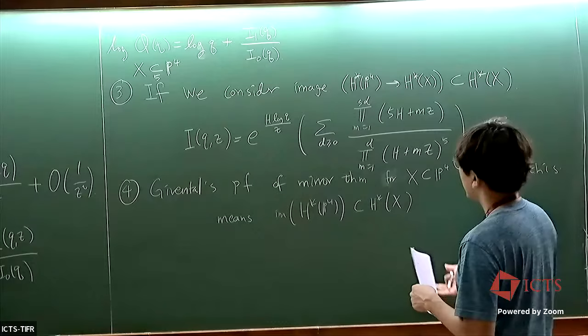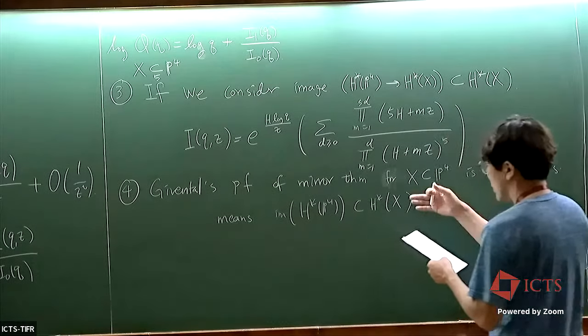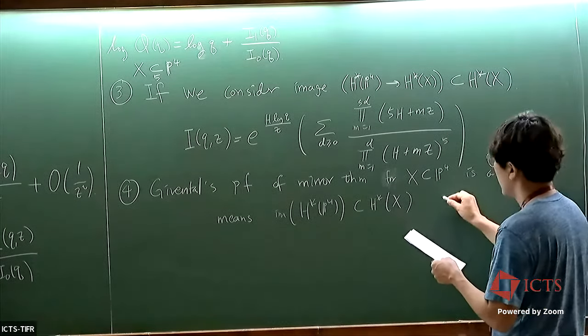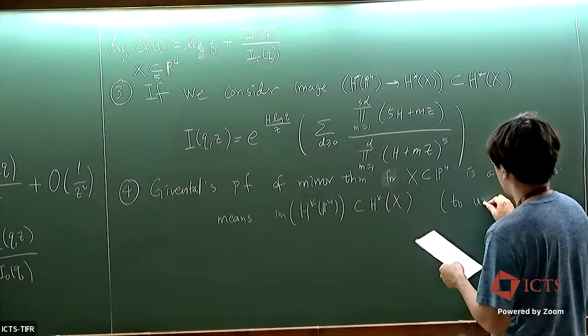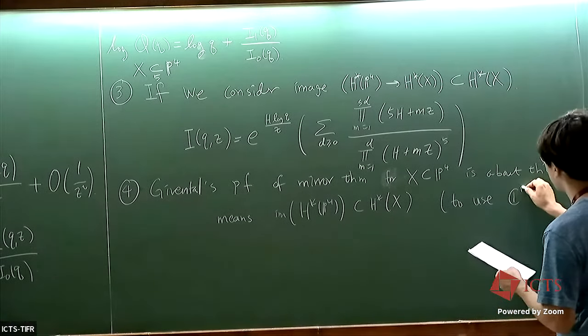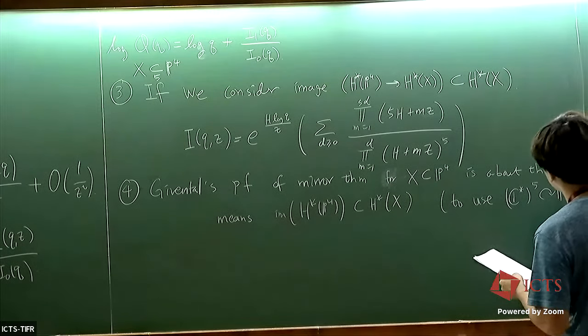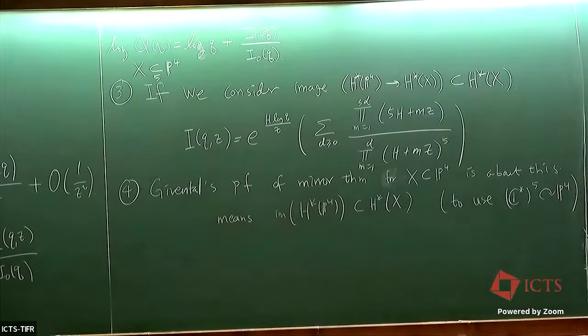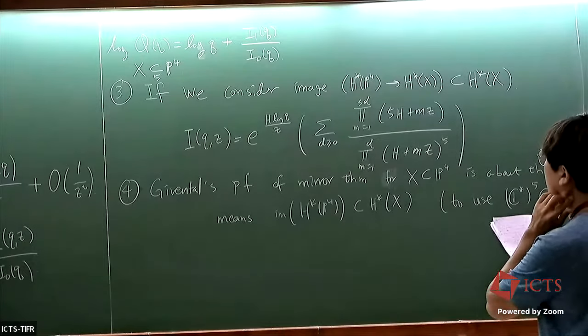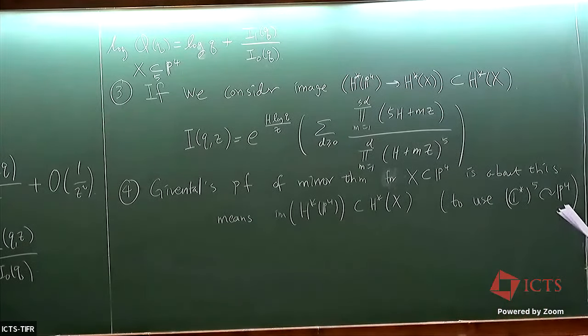In the proof, the reason why we need this is that we want to use the torus action on P4. And this mirror theorem actually works for any complete intersection in the genus zero case, a complete intersection in a homogeneous space.